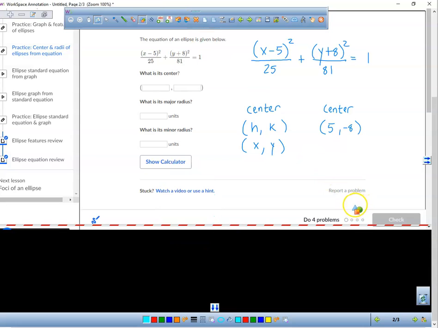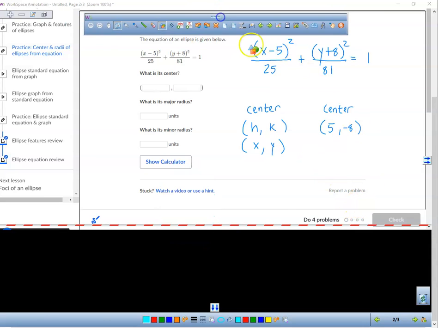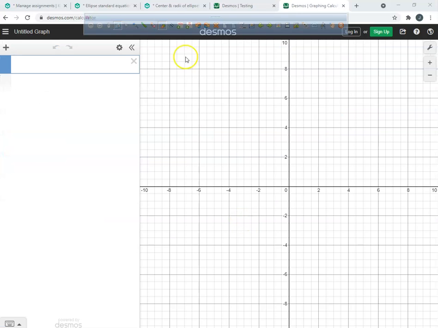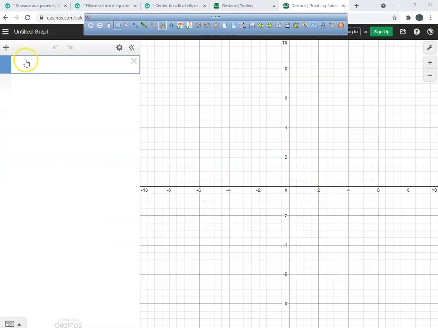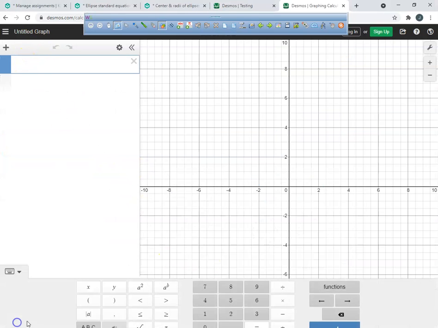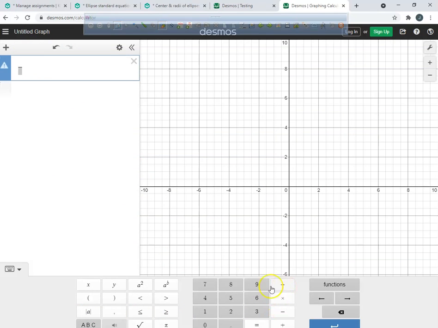Okay. What I'd like you guys to do is go to regular Desmos. Okay, just go to regular Desmos. Now, if you're in regular Desmos, what I'd like us to do is type in our equation exactly as it appears. It says (x minus 5) squared over 25. So I'll put a little division bar. There we go. (x minus 5) squared over 25.